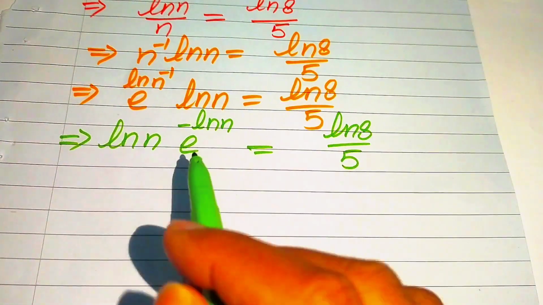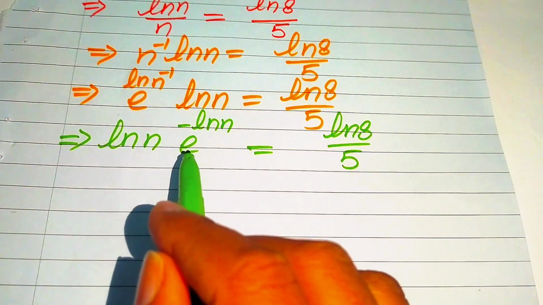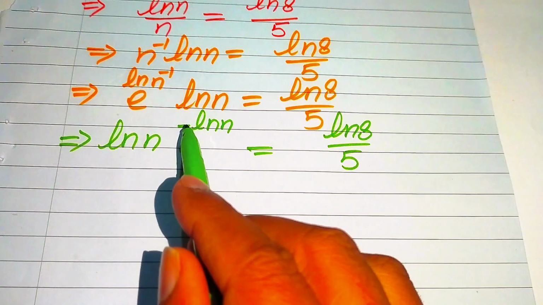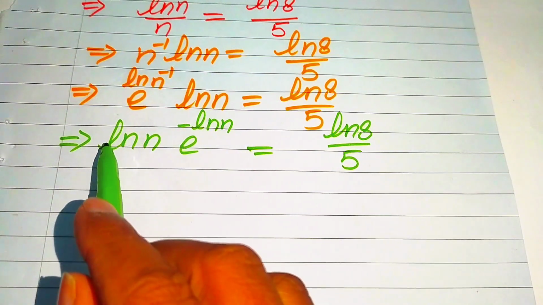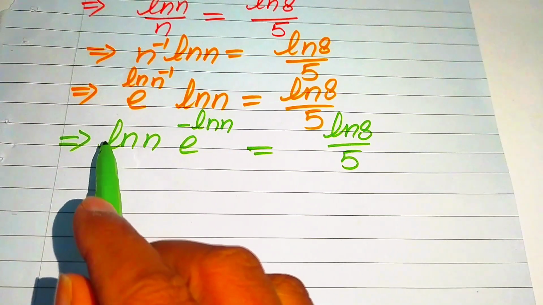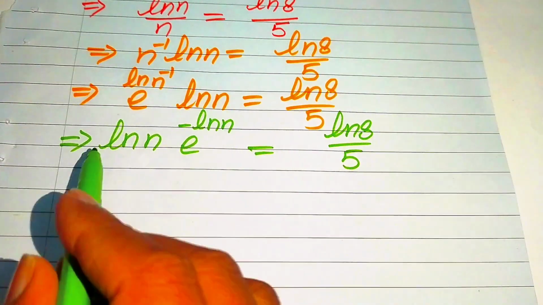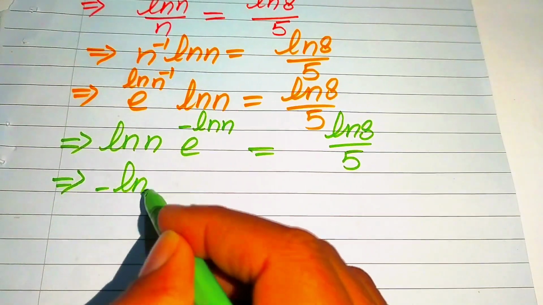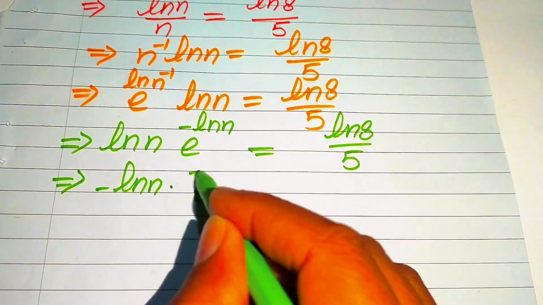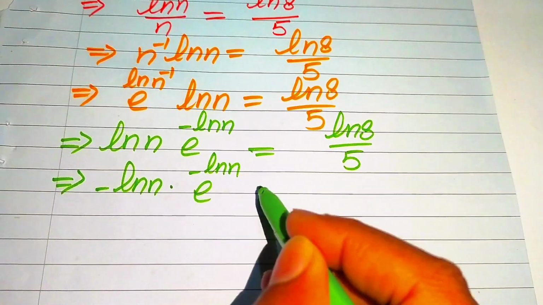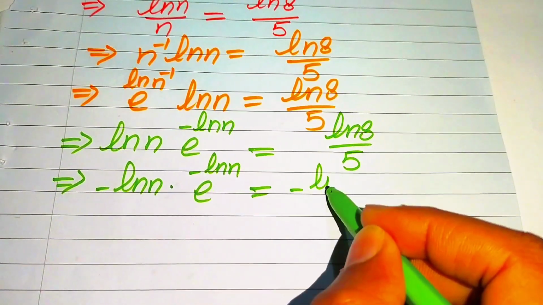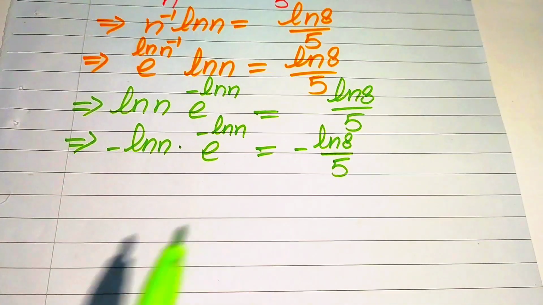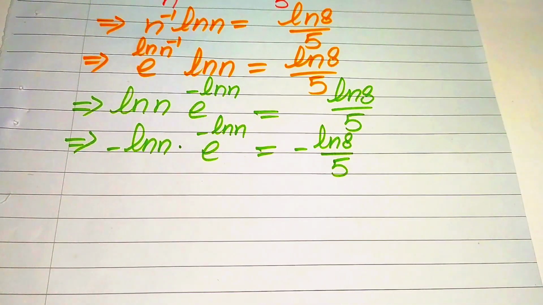So we make e in this equation, and the exponent of e is negative log n. But here we have positive log n, so we need a minus sign. So we multiply both sides by minus 1. We get minus log n times e to the power of minus log n equals minus log 8 divided by 5.